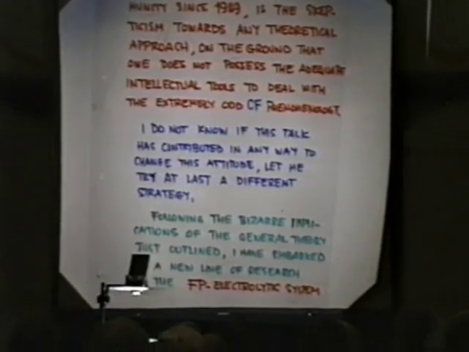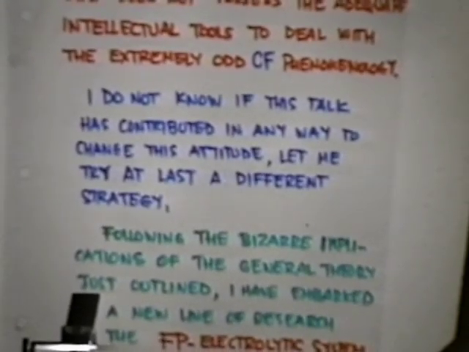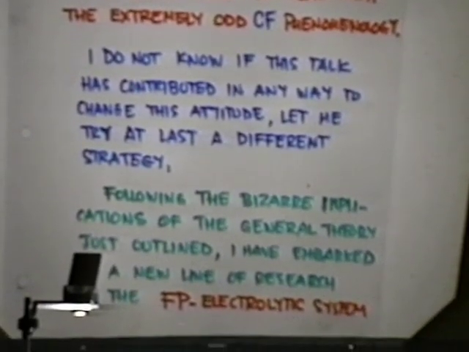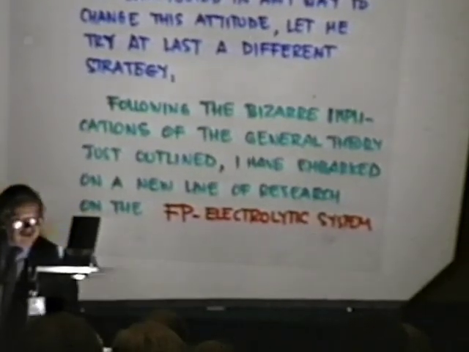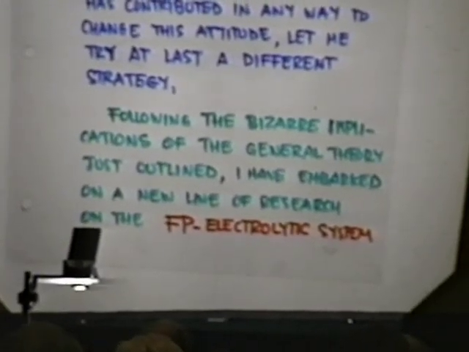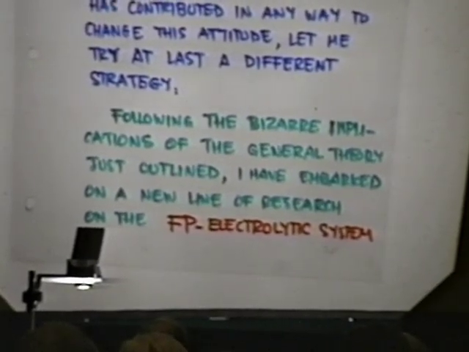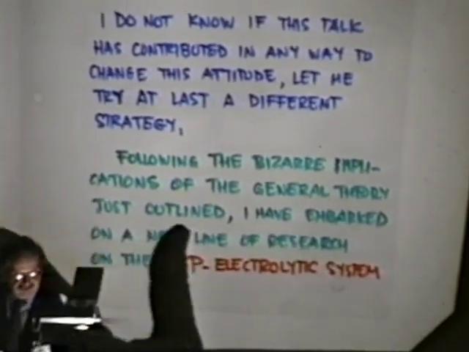I do not know whether I have been able in the 40 minutes of this talk to convince you in any way that it is time to change this attitude. Let me, just to end, use a different strategy. Following the strange implication of this general theory, I have embarked into imagining a new research line related to the Fleischmann-Pons electrolytic system.